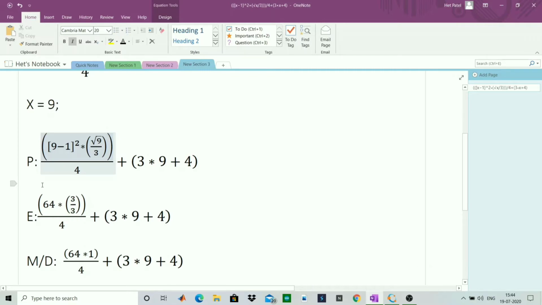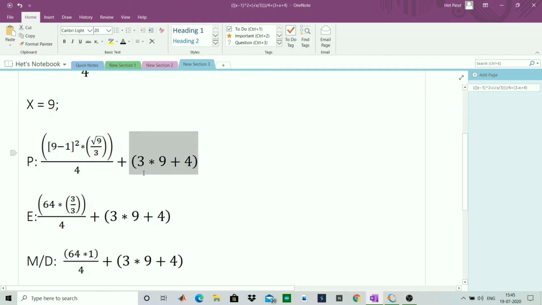Putting x there, 9 minus 1 would be calculated first, so it would yield 8. Then it would be root over 9, where x is substituted, and both parentheses would be solved simultaneously. So in the first expression, the value of x has been substituted.